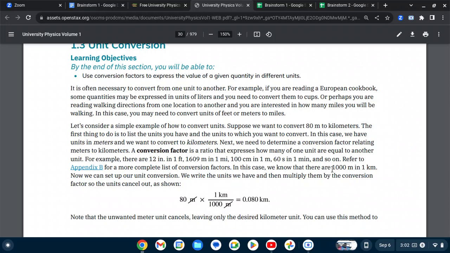Now we can set up our unit conversion. We write the units we have and then multiply them by the conversion factor so the units cancel out as shown.